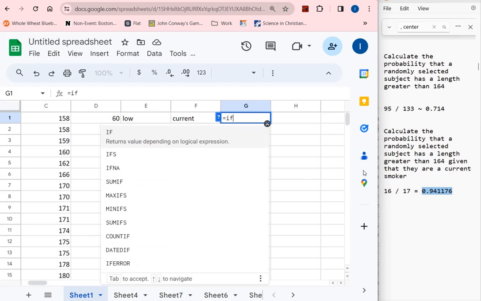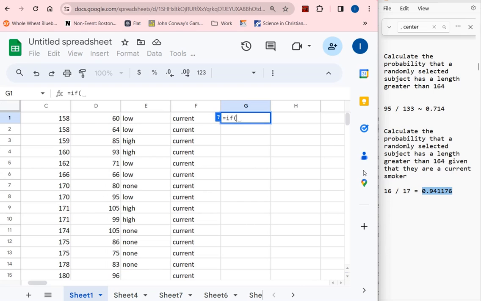Type equals IF, and we want to check whether this cell C2 is greater than 164. If it is, we put a 1. If it's not, we put a 0. So look how I put those commas. If C2 is greater than 164, we're going to make this column be a 1, and if it's not, it's going to be a 0. And it did that correctly. 158 is not greater than 164, so put a 0.